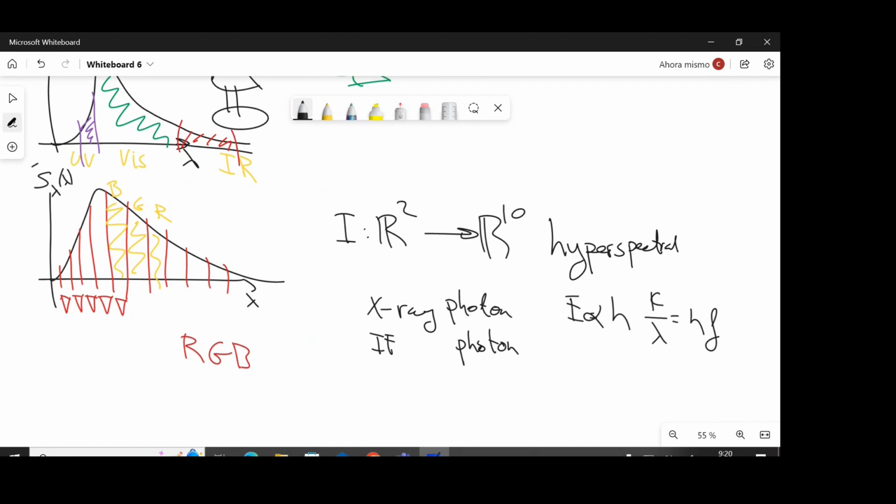So you said before, it was you, I think, that infrared gets us warmer. That's true. It is true. But it is not because they have more energy. So why do we get warmer with infrared than with X-rays?